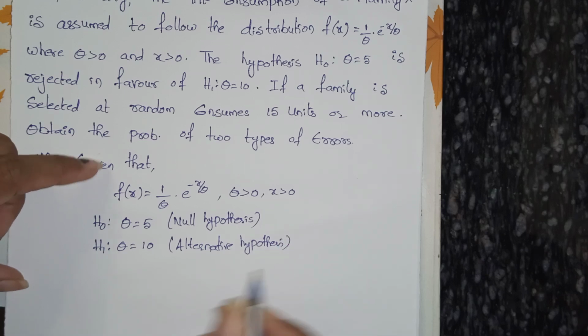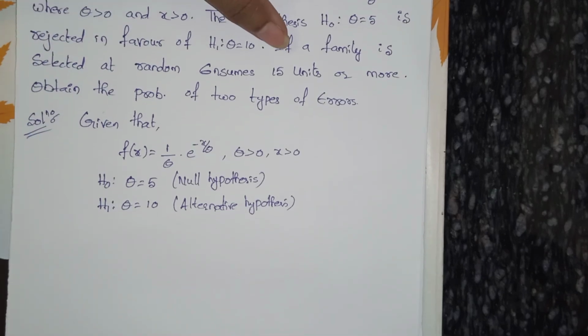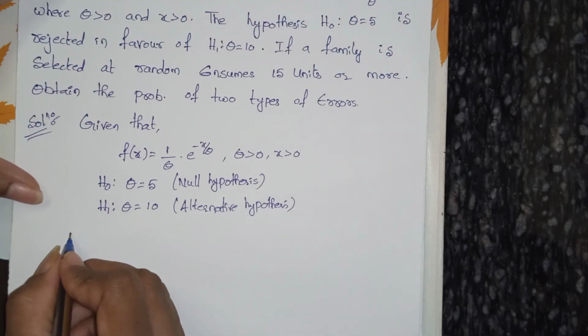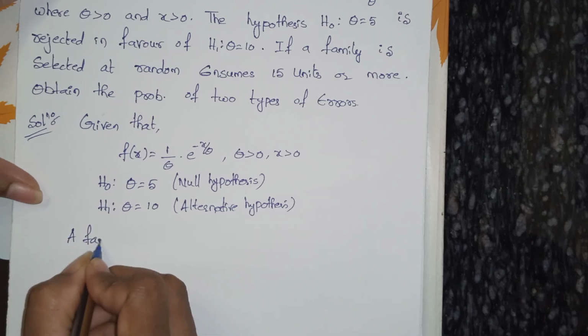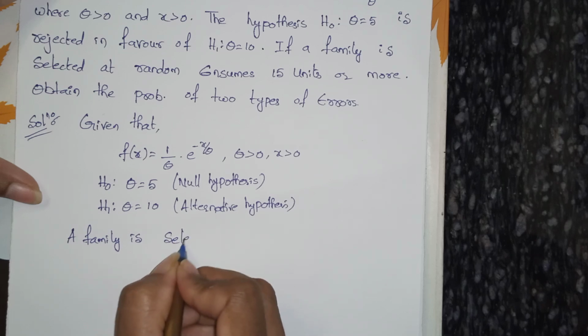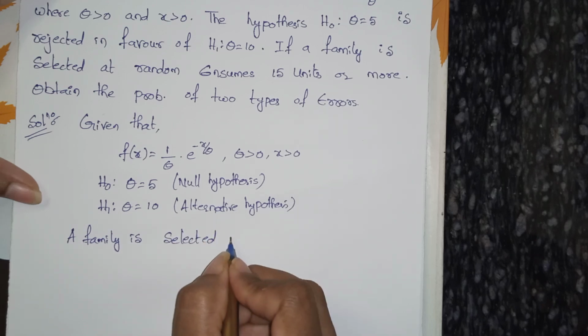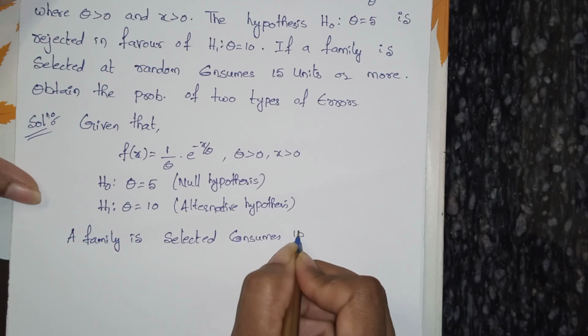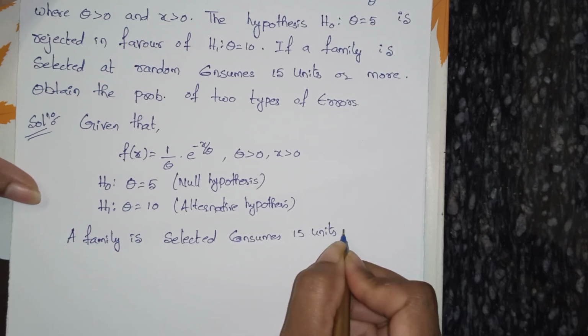What they are asking us to find: a family is selected at random and consumes 15 units or more.